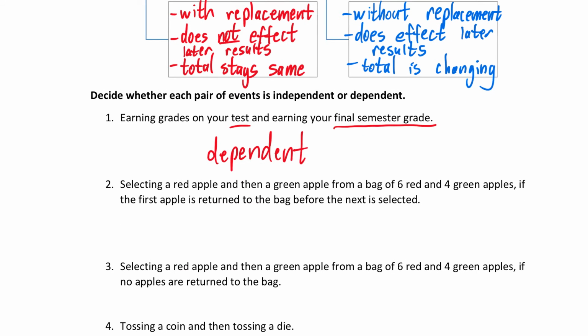Okay, now number two, you select a red apple and then a green apple from a bag of 6 red and 4 green apples, if the first apple is returned to the bag before the next one is selected. So you have 6 red, 4 green. You pick one apple out, see what color it is, then you put it back in. Is the second time you reach in going to be affected by the first one?